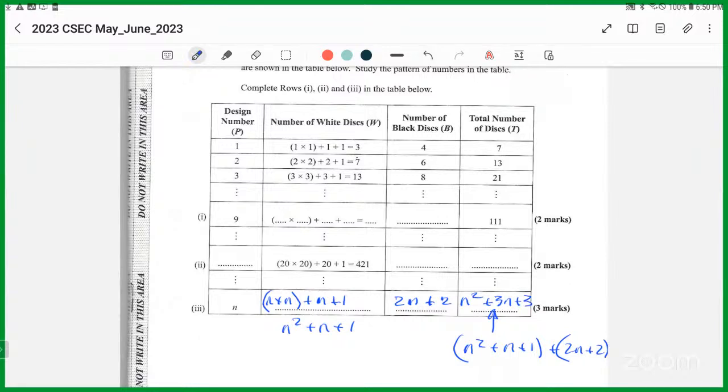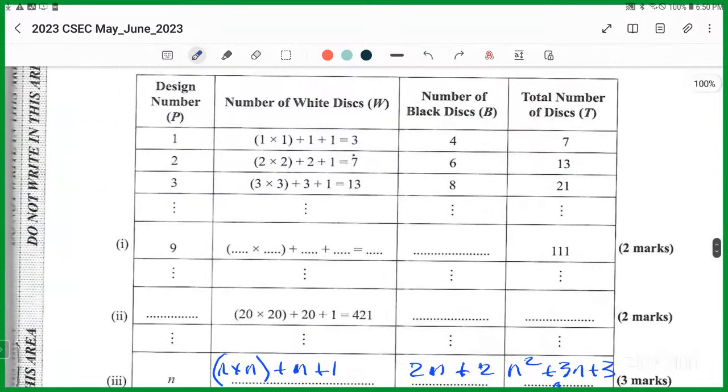All right, ready now. Put in the values. So here where n is 9, easy. We need a 9 here, and a 9 here, and a 1 here. 81 plus 9 is 90, plus 1 makes 91. This is 91. All right.